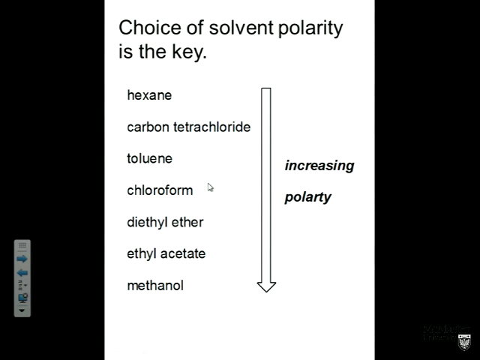All we need is to be able to pick a solvent all the way from hexane, very nonpolar, to neat methanol, which of course is very polar, or all points in between. There's an infinite number of permutations to choose a solvent. And so that enables you, with care, to achieve very tricky separations.